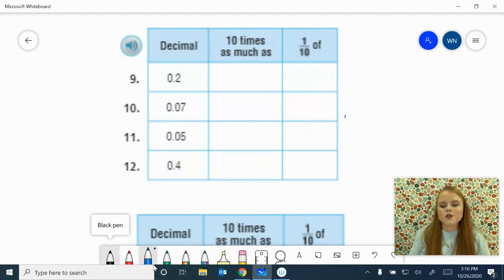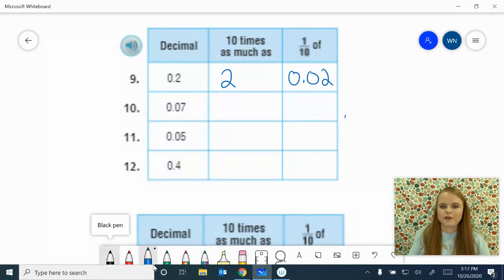We're going to read it as, what is 10 times as much as 2/10? 10 times as much as 2/10 would be 2, because you would move it one place to the right. What is 1/10 of 2/10? That would be 2/100. So remember, with 10 times as much as, you're asking, what is 10 times as much as the number? Or what is 1/10 of the number?